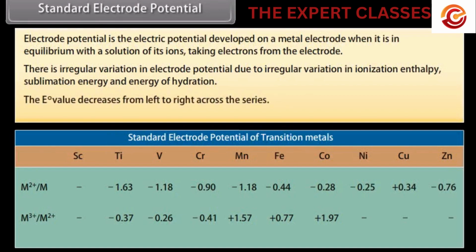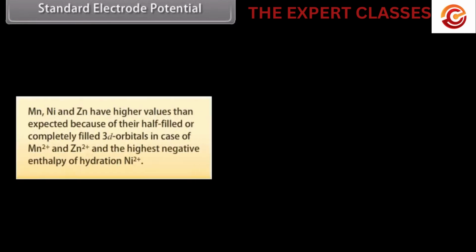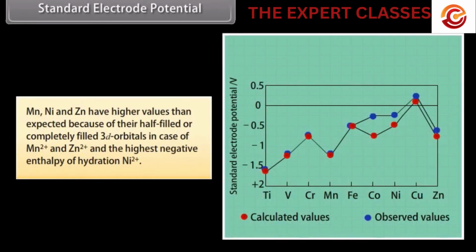The E0 value decreases from left to right across the series. Manganese, nickel, and zinc have higher values than expected because of their half-filled or completely filled 3d orbitals in case of Mn2+ and Zn2+, and the highest negative enthalpy of hydration of Ni2+.